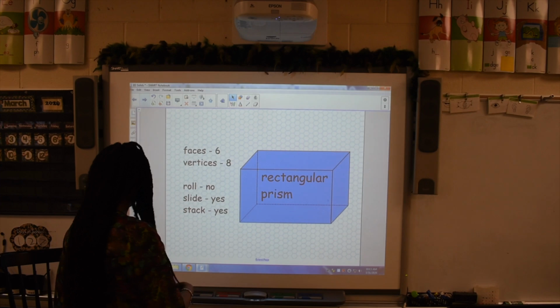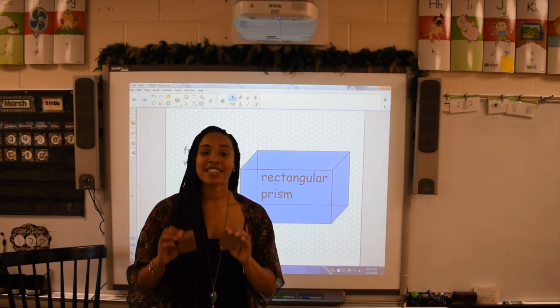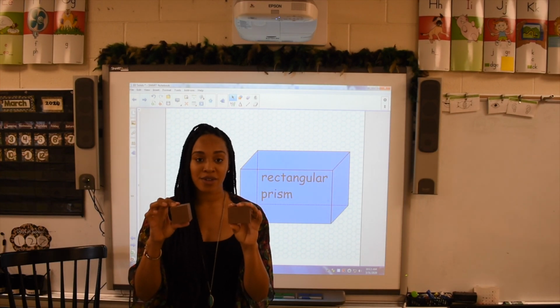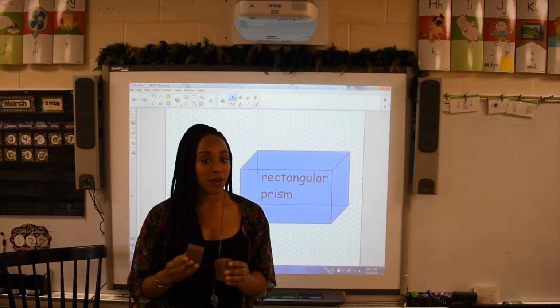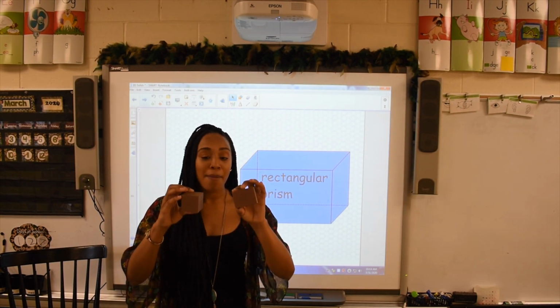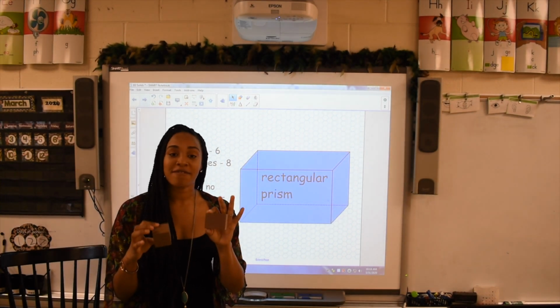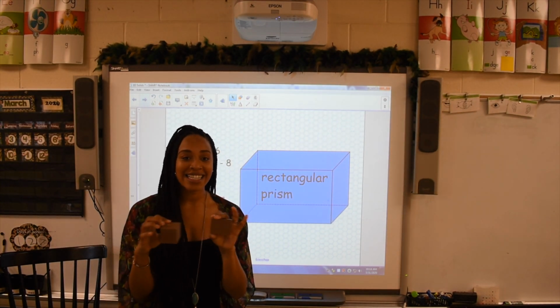Now what you're going to notice is that a rectangular prism and a cube have the same defining attributes. Now we talked about how they were similar already. So I want you to pause the video for a second and talk with a family member about why you think a cube and a rectangular prism's defining attributes are the exact same.